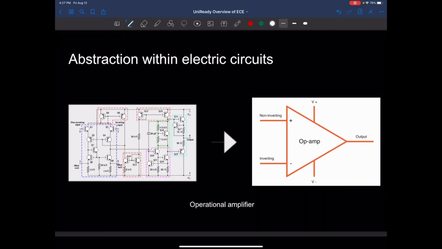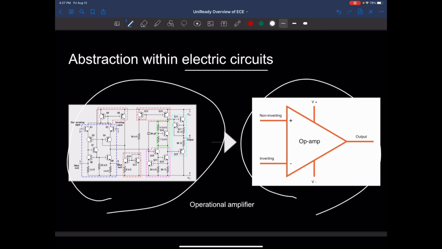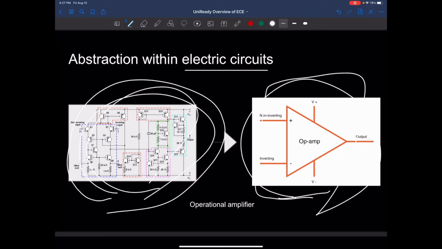I want to talk about some abstractions that exist within this big category that I defined as electric circuits. You have these abstractions from this thing to this thing. On this side, you have this very complicated looking circuit, but usually we just want to write this entire circuit as this very simple symbol.